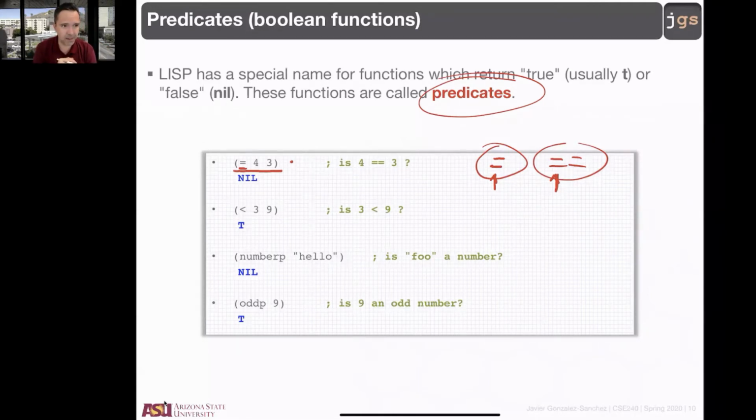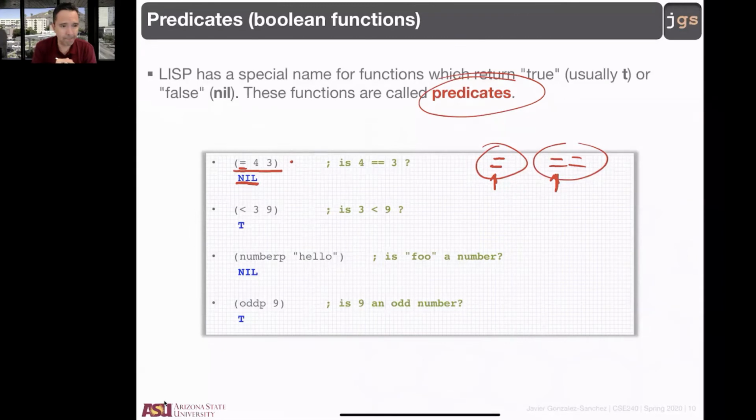One equal is the meaning of what previously we have with two of them. Good, a predicate. So in this case, obviously, if you ask equal and you put two numbers that are not the same number, like this 4 and 3, you are going to get as a result false in Lisp, nil, and in uppercase. As you notice, usually the results that the virtual machine provides to you are in uppercase. Your program uses lowercase, kind of a standard. So the virtual machine uses uppercase to show you results, somehow to make things different.